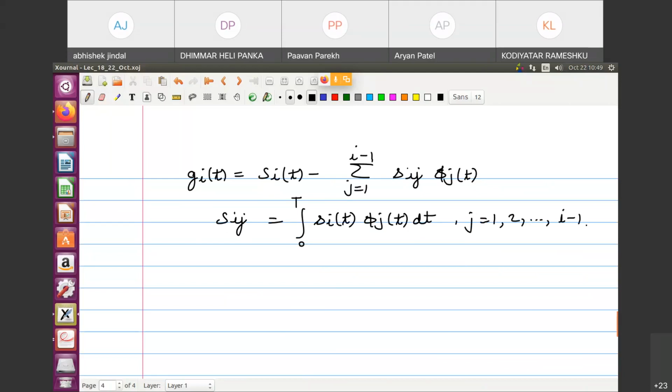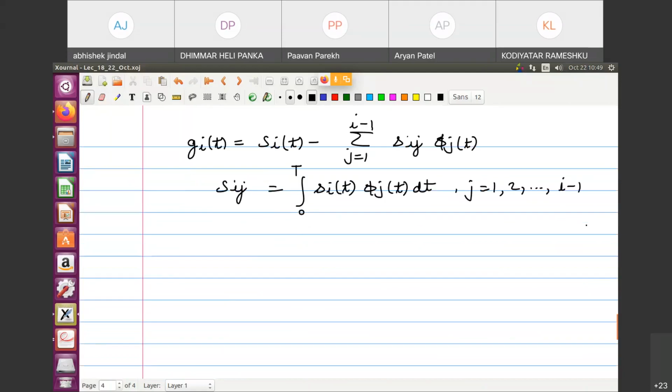Now what are we doing? Suppose we need to construct, let us elaborate a little bit. If S3(t) is given, what will you do? Now you have S3(t) and two orthogonal directions, or you can say two orthogonal segments.